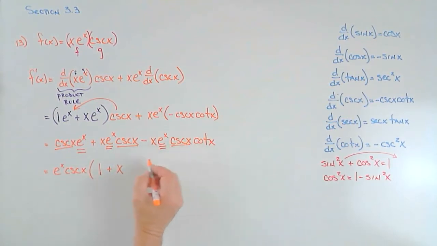And over here, that leaves us minus x cotangent of x. So taking derivatives step by step, you got to do each iteration correctly, step by step. You can't just do the whole thing at one time. It doesn't work like that. All right, so that was number 13.